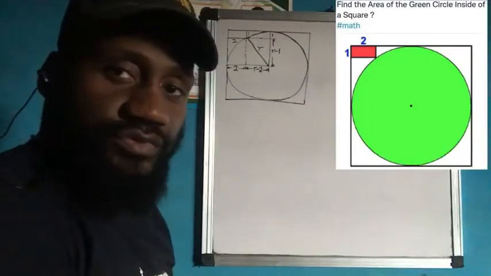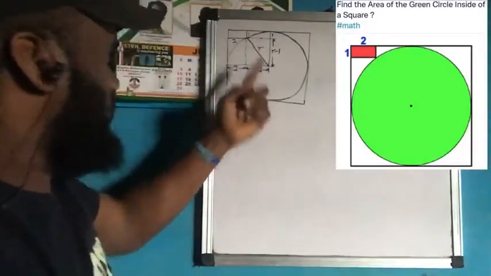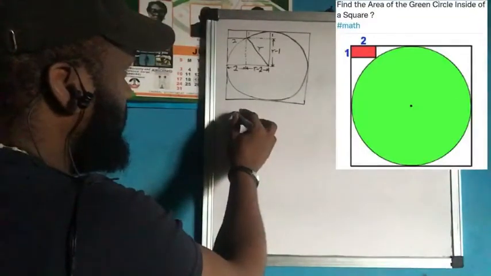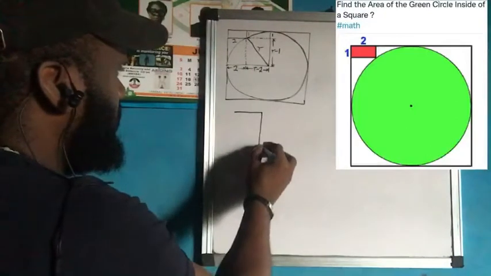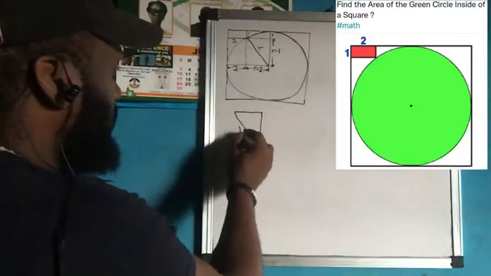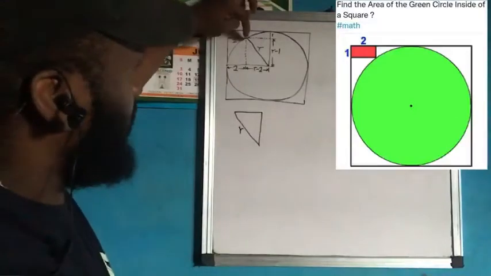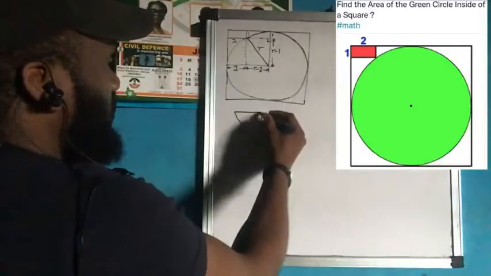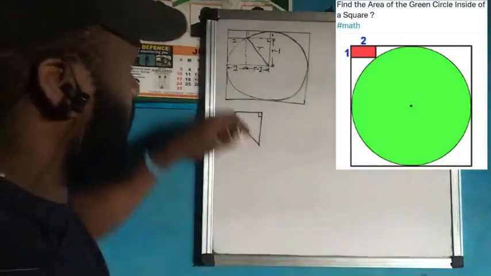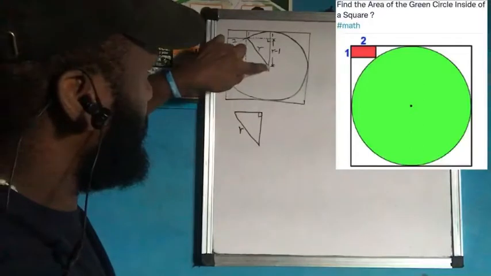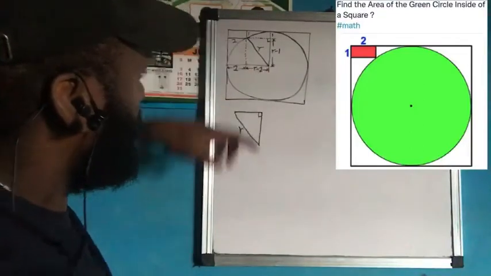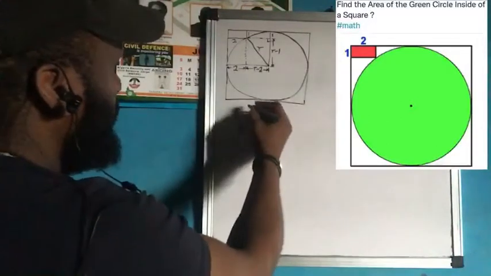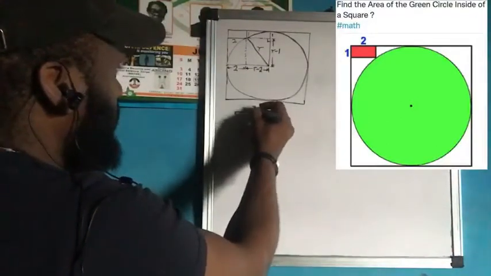So we have something that looks like a right angle triangle. So let's take this. You can see that we've taken this right angle triangle, and we know that the length from here to here is the same thing as the length from here to here, which is r minus 2.